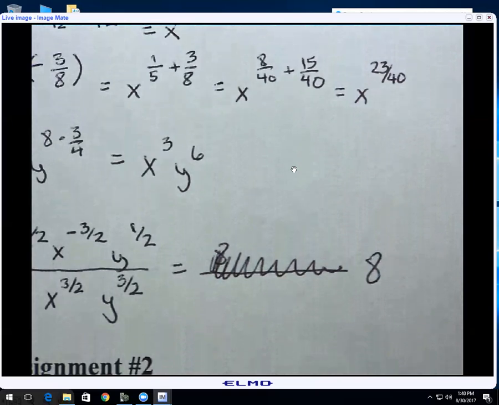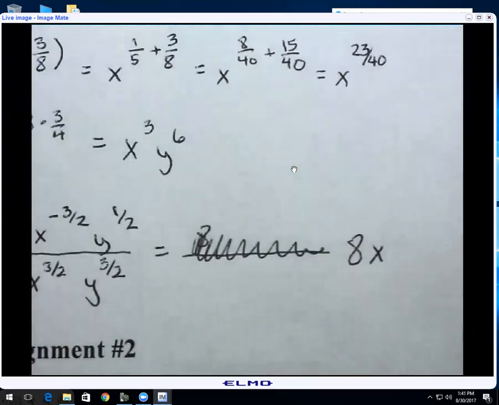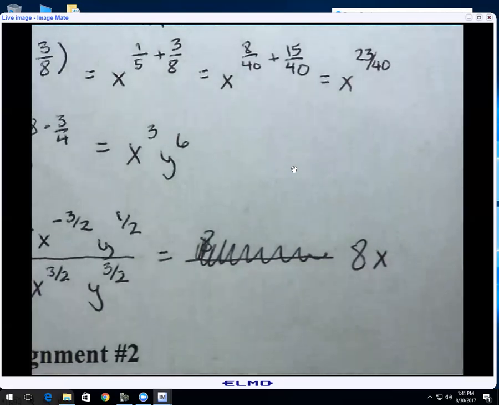And then let's deal with the x's. The quotient rule says when I divide two expressions with the same base, I subtract the bottom exponent from the top exponent. What's -3/2 minus 3/2? You can punch it on the calculator if you had to.